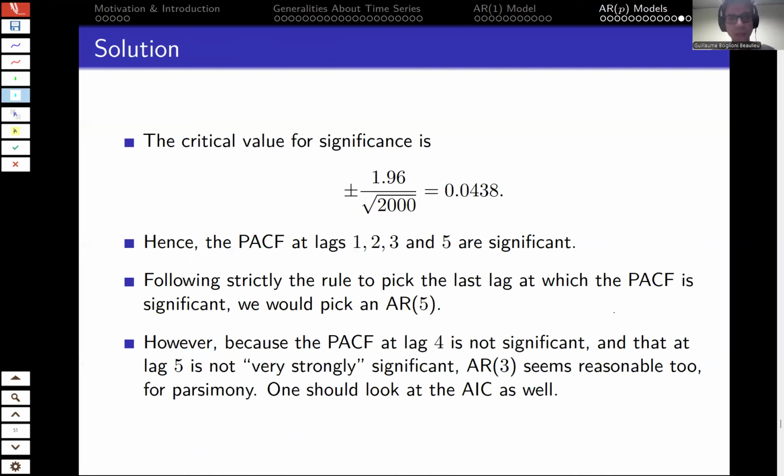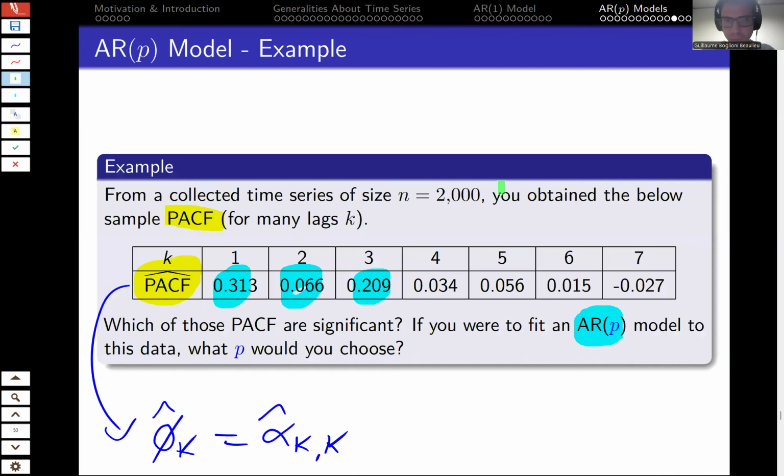Okay, the critical value for significance, you can obtain it like that. You take the critical value of the standard normal, you divide it by the square root of the sample size, and you obtain this value, 0.044, which is then your critical region for the significance of the statistic.